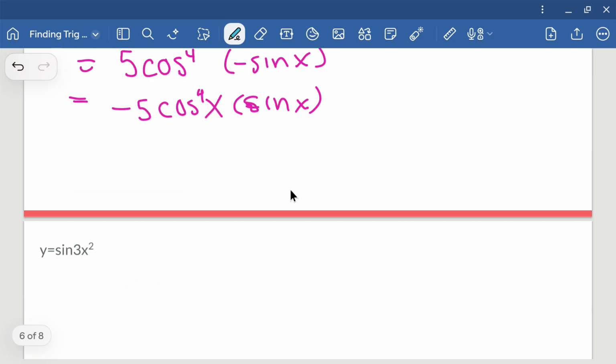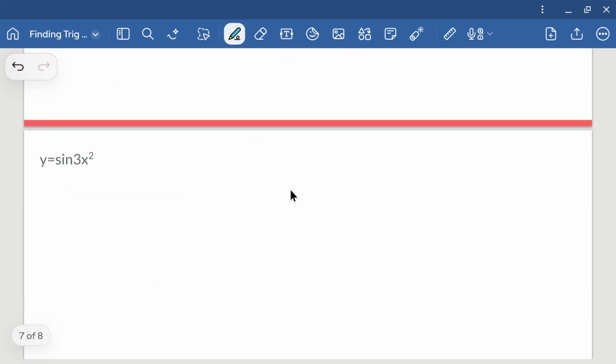Okay. So I do have one more. And the same idea. You can do u substitution, or you can still do the chain rule. So in this one, if I did the chain rule just to save time, again, it's up to you, I could rewrite this as sine of 3x, and then, oh wait, no, I can't, because the squared is on x, not on the whole thing.